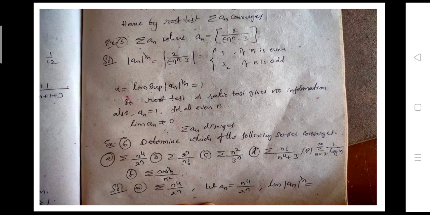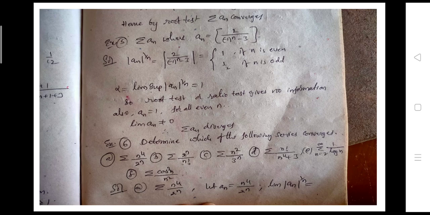So we need to find alpha, which is equal to limit supremum of mod an whole power 1 by n, which is equal to 1. So the root test or ratio test gives no information when alpha is equal to 1.